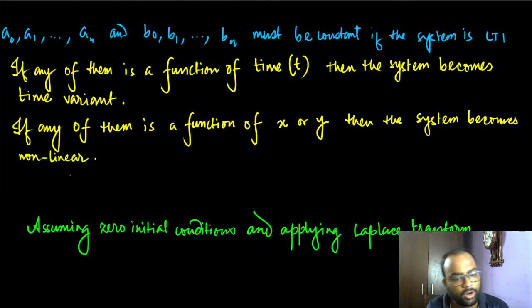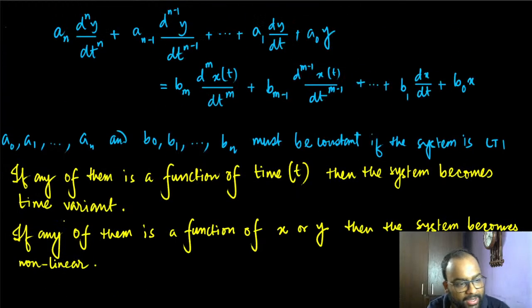So in order for the system to be linear and time invariant, these must be constants, neither functions of time nor functions of the input and output variables.